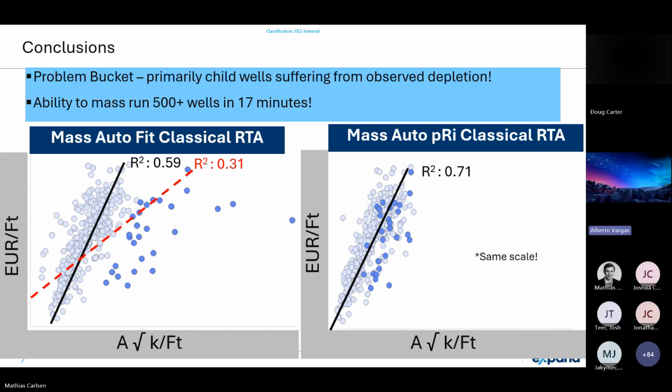Great presentation. Juan Fernandez, Oxy. I was curious, you mentioned that you collect the DFITs. Were you also trying to collect DFITs on child wells to do some cross-validation with the approach that you're seeing here, with the DFITs that you're gathering in the field? I know DFITs can be tricky given their radius of investigation, et cetera, but I don't know if you have any comments on that. We have not cross-checked that with DFITs on child wells, not intentionally at least, since it is such a moving target.